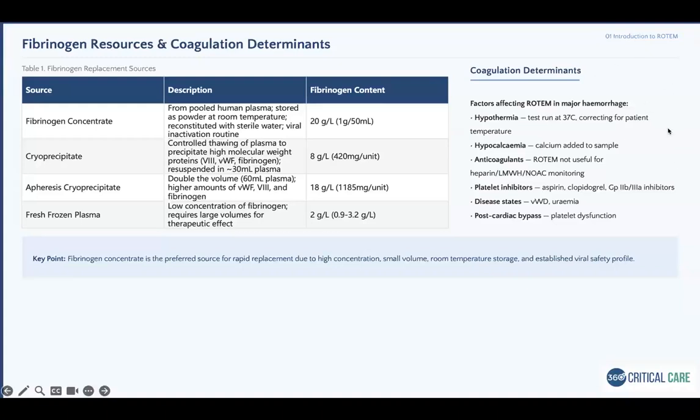Plus, diseases such as von Willebrand factor deficiency or uremia, which inhibit the platelet function per se, may not be reflected in a Rotem. You may not find the effect of these diseases on a Rotem. And platelet dysfunction cannot be interpreted by a Rotem. You cannot interpret fully whether the platelets have dysfunction or not. So there are some limitations to Rotem where, if these are the coexisting things, you will not find the exact pathology.